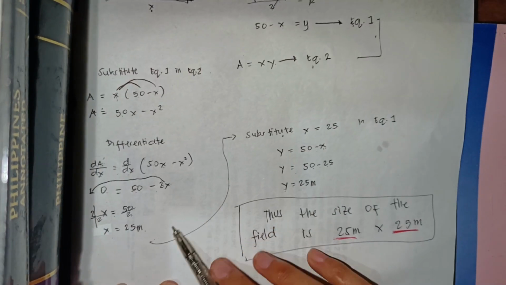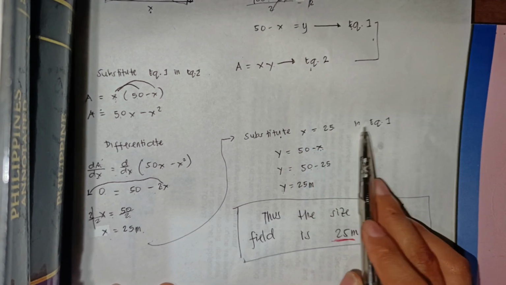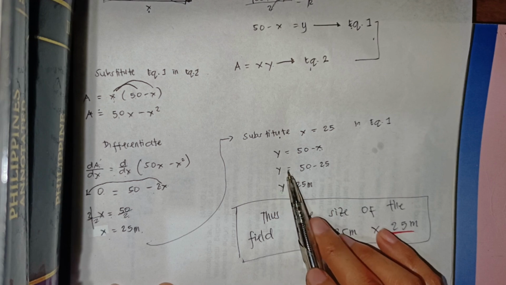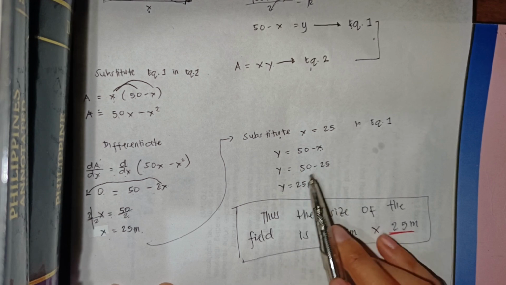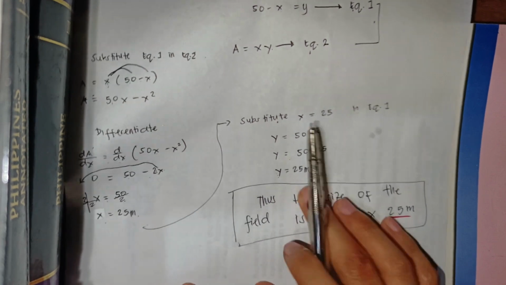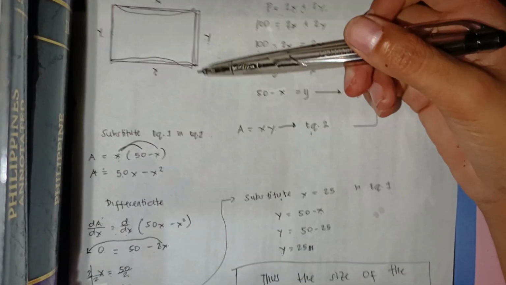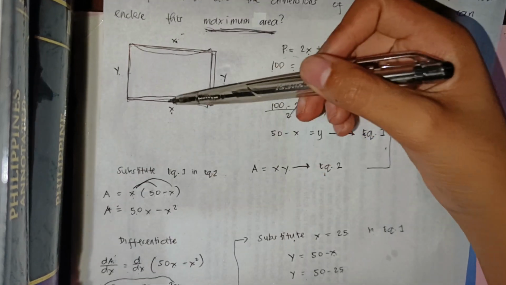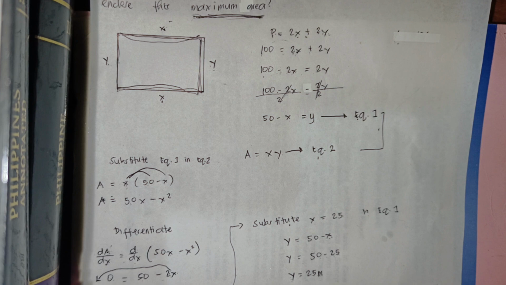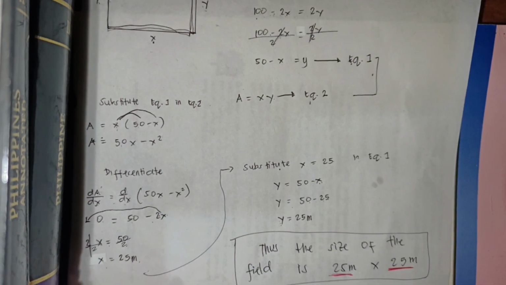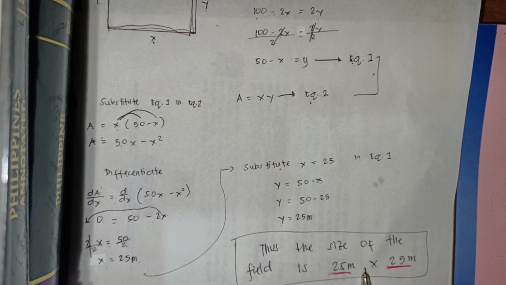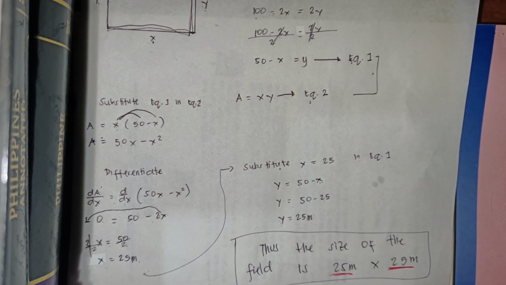So, substitute x in equation 1, which is 50 minus x. So, y is equal to 50 minus 25, y equals 25 meters. Thus, the value of x and y is 25 meters, both. So, the size of the field is 25 meters times 25 meters.